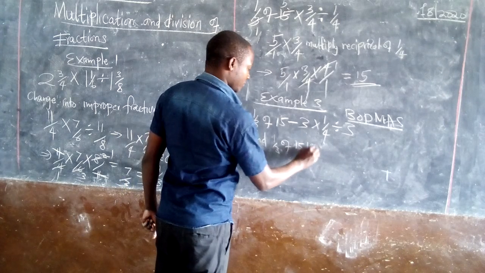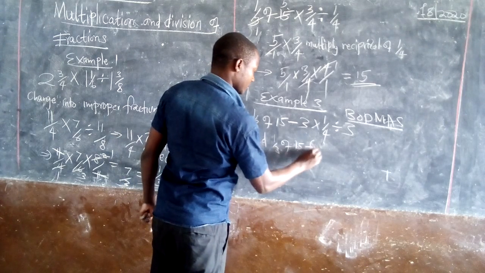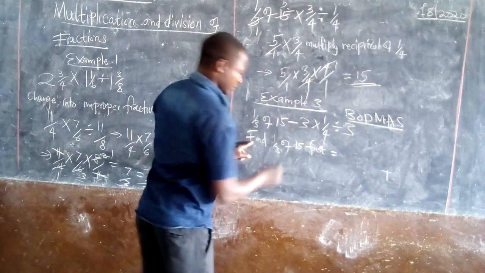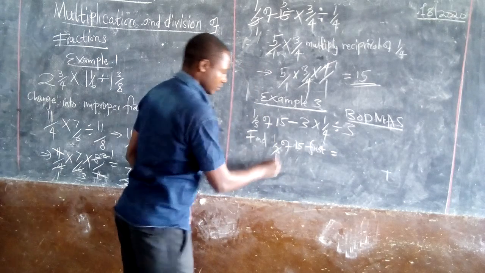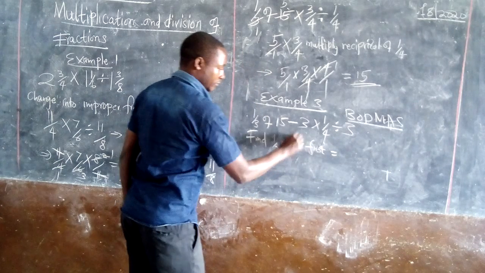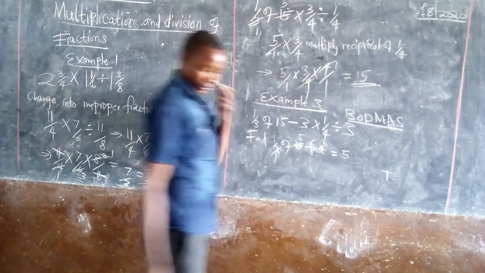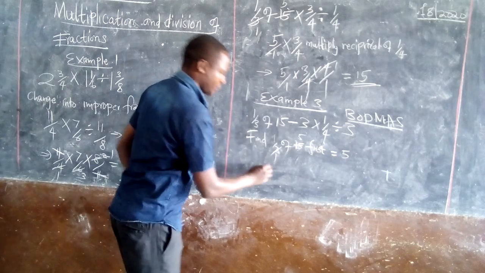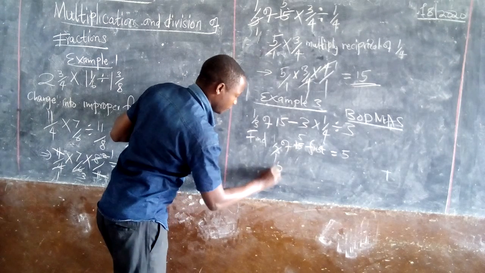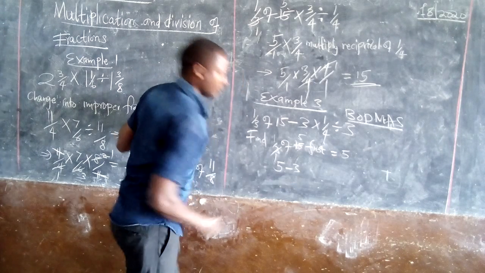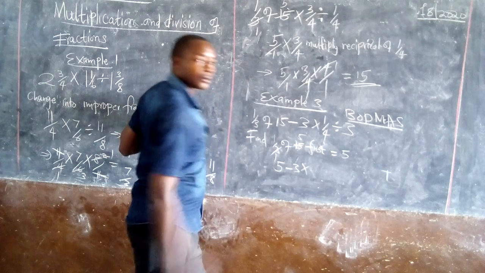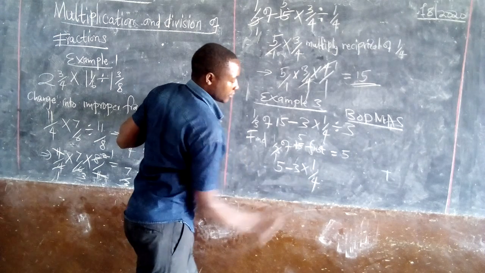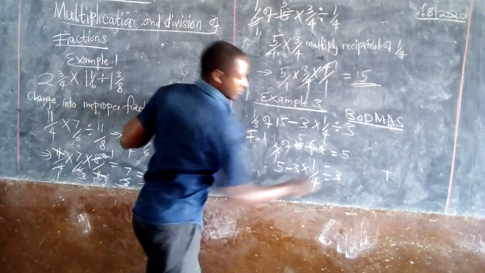That is the first step. So a third of 15: by 3, 1, by 3, 5. This will give us 5. Then we express our question like this: 5 minus 3 times a quarter divided by 3.